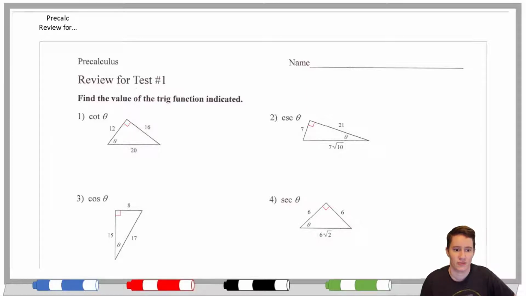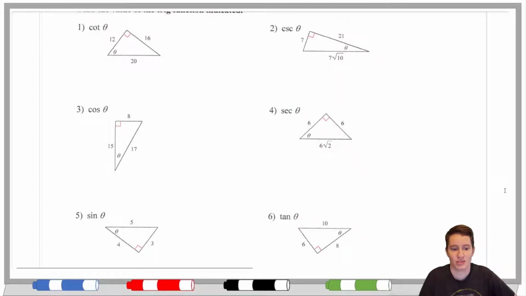We've got find the value of the trig function indicated, and in this section we have one of each trig function intentionally: sine, cosine, tangent, secant, cosecant, and cotangent. So maybe cotangent isn't what we want to start with. Maybe we'd rather start with sine, cosine, and tangent and work our way through. So we are doing this for theta, which is a marked angle in each of these triangles.